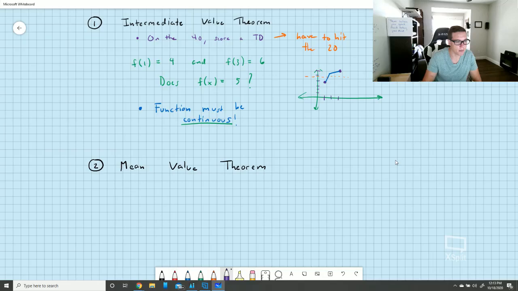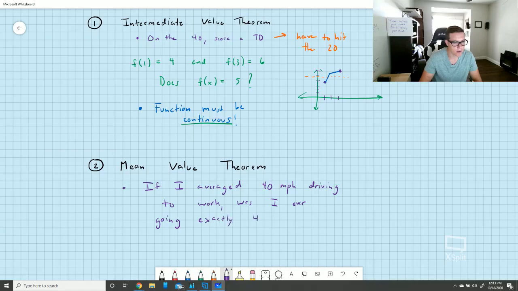So here's my example of the mean value theorem. If I averaged 40 miles per hour driving to work, was I ever going exactly 40 miles per hour?